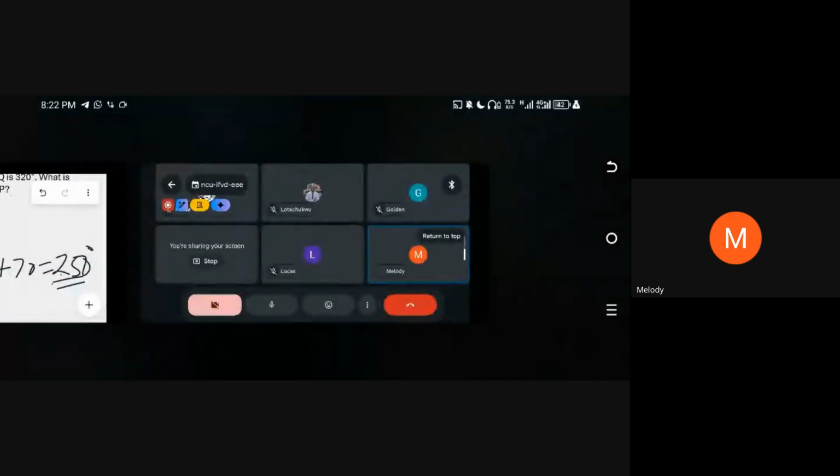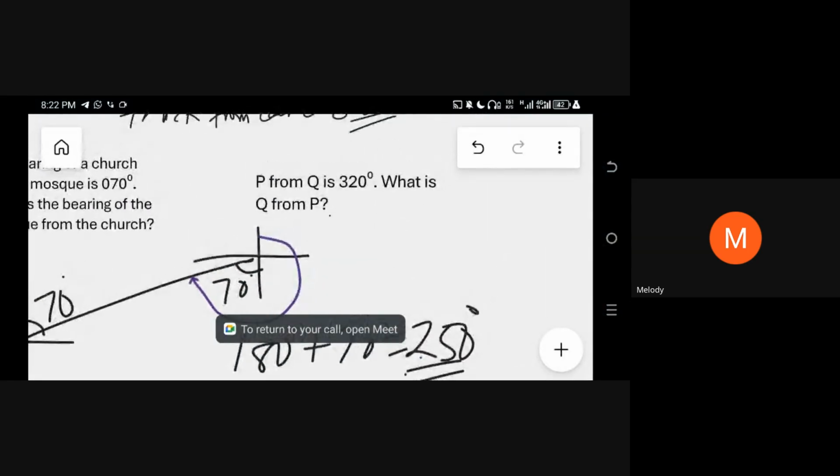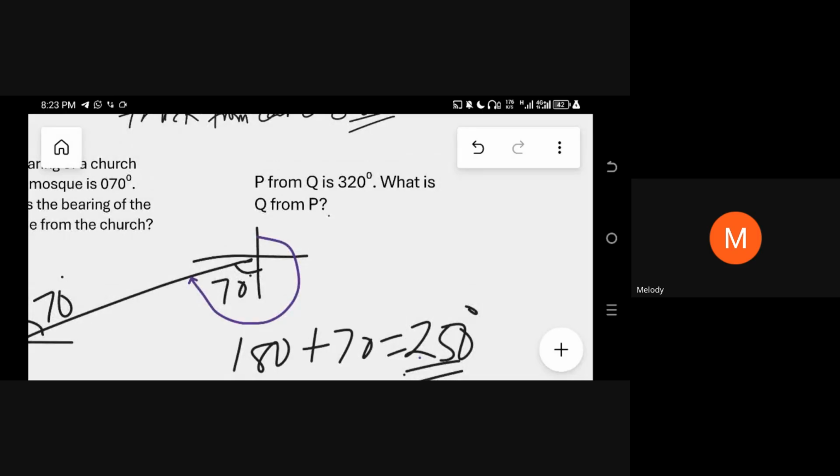So Melody, take this other question Lucas is solving. P from Q is 320 degrees. What is Q from P? So Lucas is already on it, but I need you to get it done as well so that we'll compare both of your answers. Do you understand, Melody? P from Q. Yes.